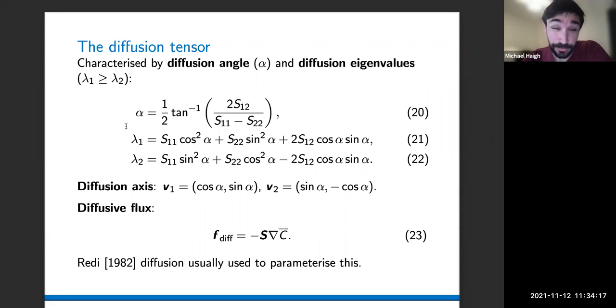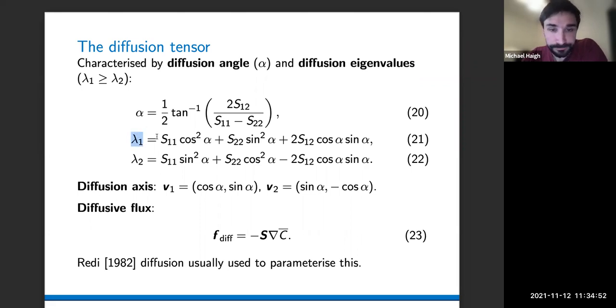It's useful to compute the eigenvalues in this specific way because doing this guarantees that the first eigenvalue is greater than the second eigenvalue. These diffusion eigenvalues represent the diffusivities of our eddy diffusion. The alpha is the diffusion angle, so this quantifies the direction of preferential down gradient diffusion. In essence it's a quantification of the direction of this anisotropic eddy diffusion.